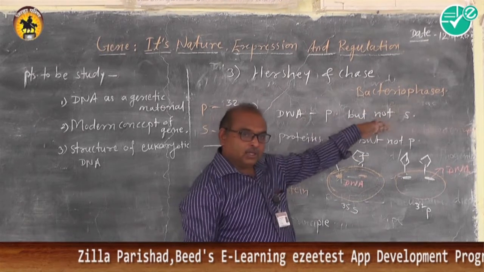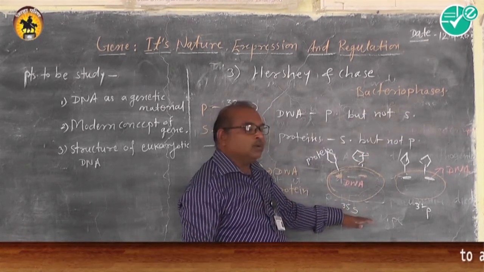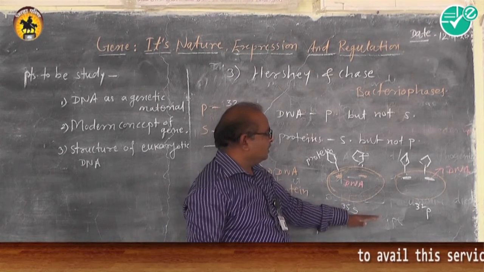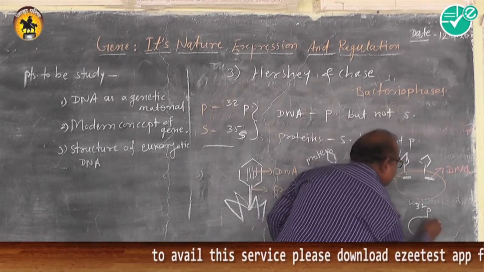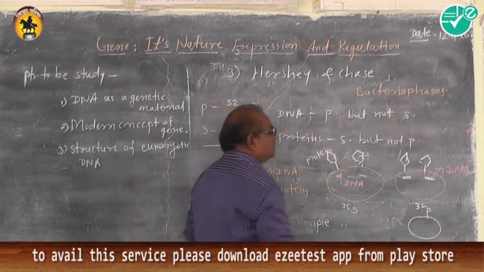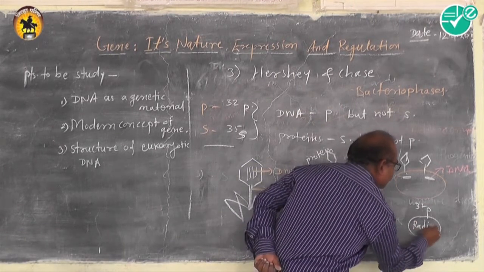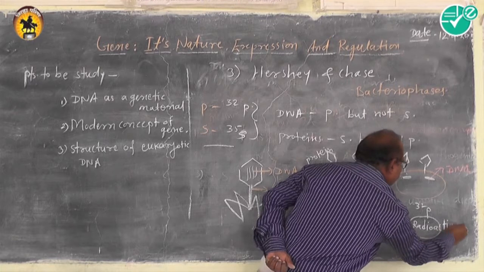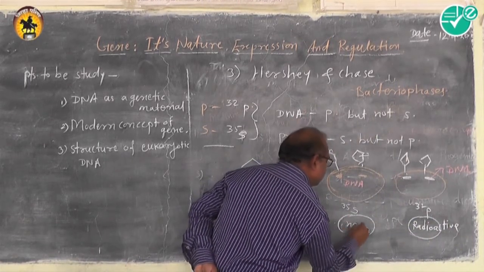The protein coat remains outside of the bacterial cell, and finally it is observed that the E. coli bacterium where the isotope of phosphorus was introduced, that is DNA, is radioactive, but here sulfur is not radioactive.